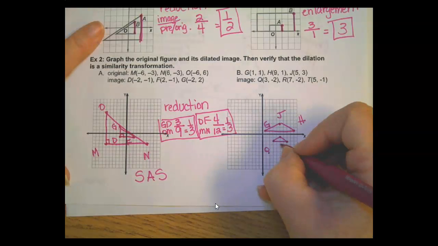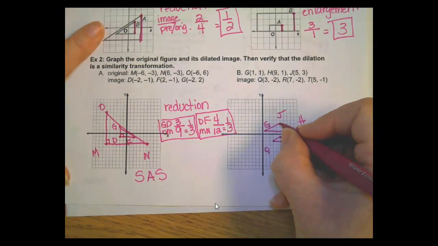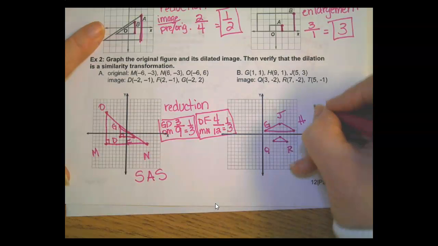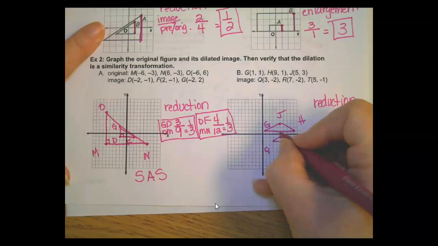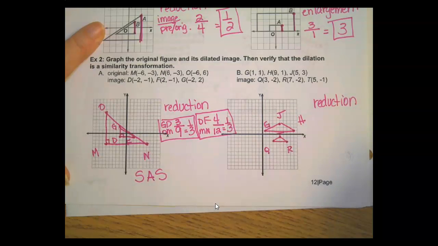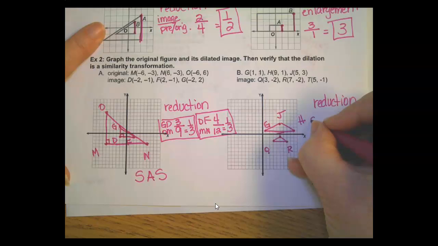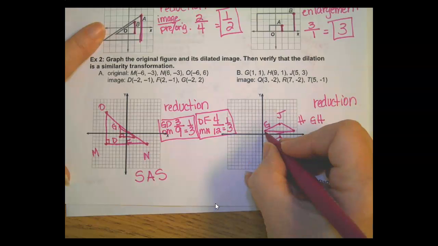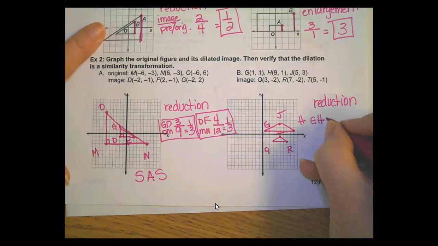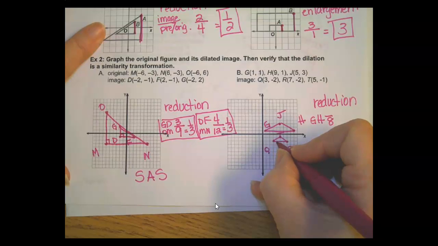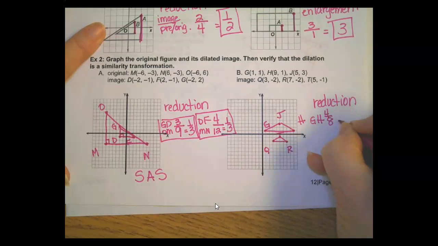So the easiest one, so we went from my original, right, G to Q. So this again is a reduction. So I'm going to compare all of my sides to see if it works. So let's do G to H. So how much is that? 8. That's my original. I didn't leave myself enough room. I keep doing that. And Q to R is 1, 2, 3, 4. So that's a half.